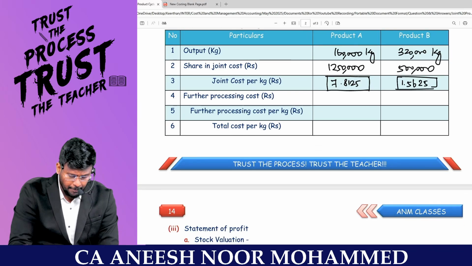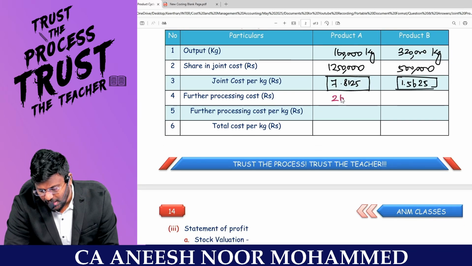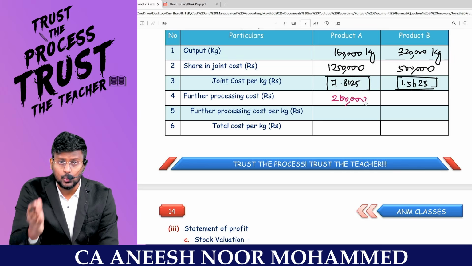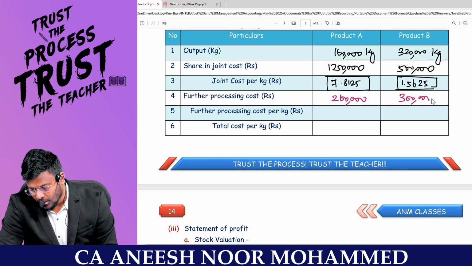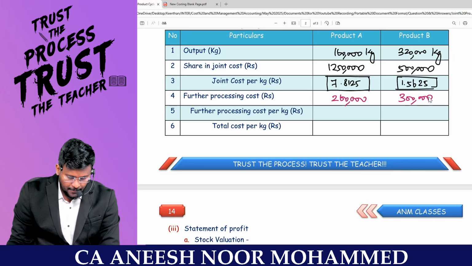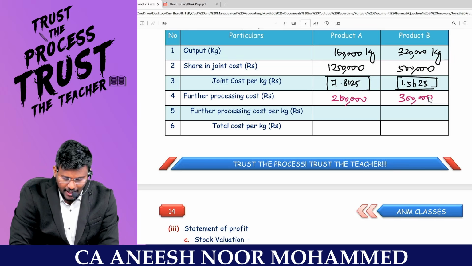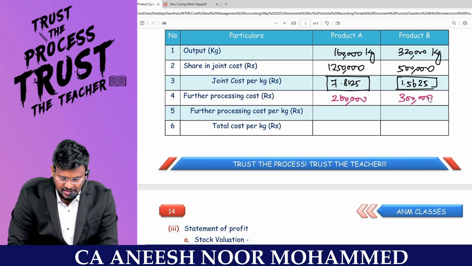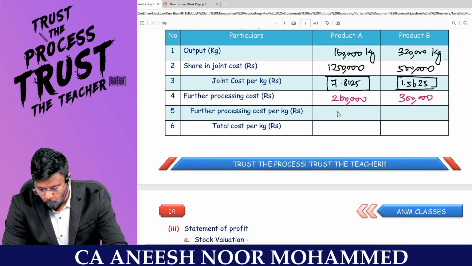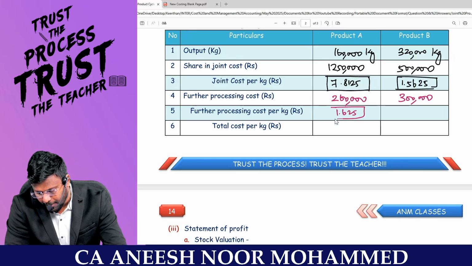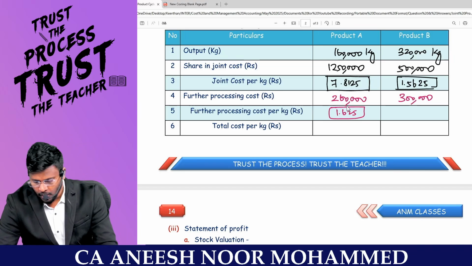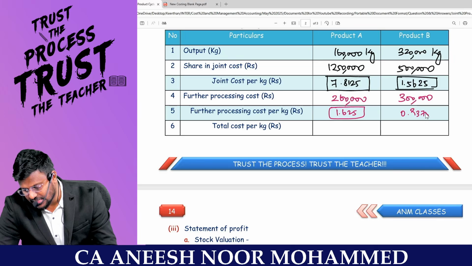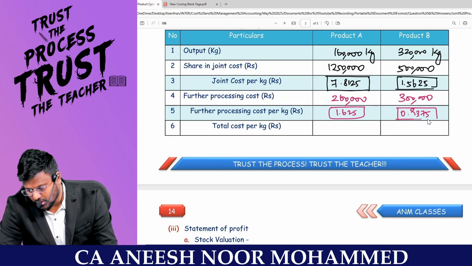At the second department, for further processing, we are incurring 2,60,000, specifically given in the question. And for product B, we are incurring 3 lakh rupees. So I spend 2,60,000 for 1,60,000 kg. It comes to 1.625 per kg as the cost. And 3 lakhs divided by 3,20,000 comes to 0.9375 per kg. Fantastic to the core.